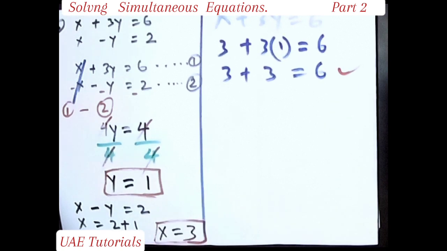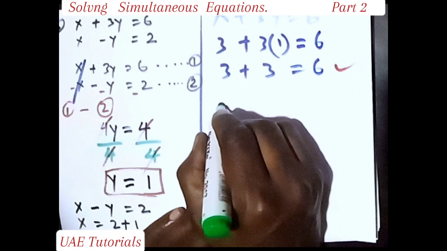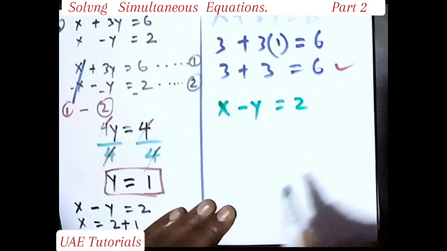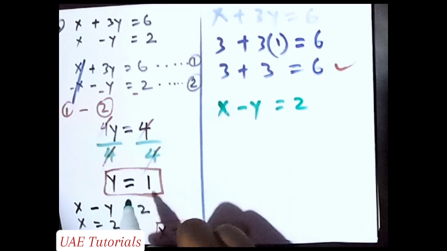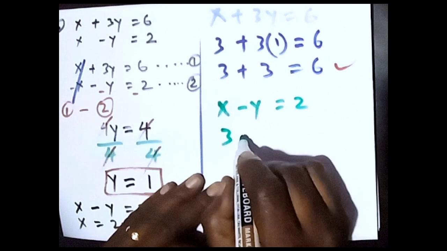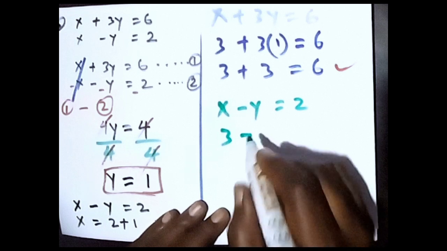Now we go over to our second equation. Our second equation was x minus y equals 2. Whenever we see x, we plug in 3. So 3 minus our y, which is 1.